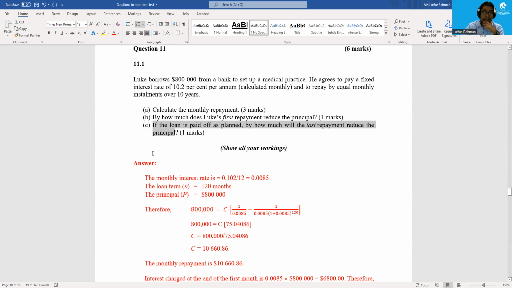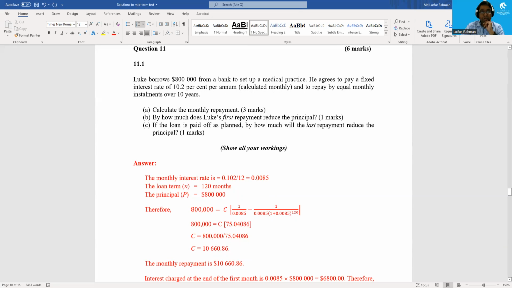You need to understand it first. I have finished marking your mid-trimester test papers, and most of you did the first part correctly, the monthly repayment, but many of you had some difficulties in part B and part C.